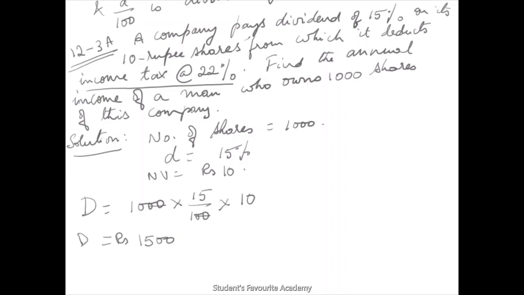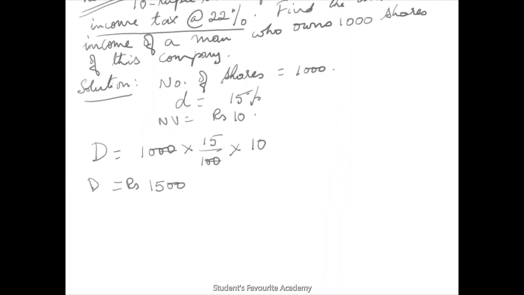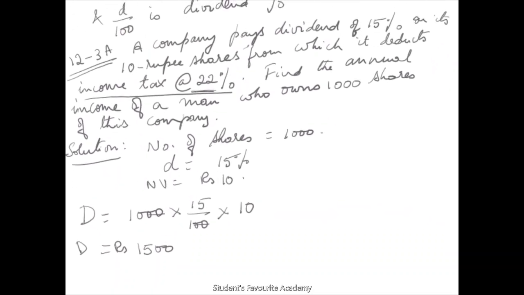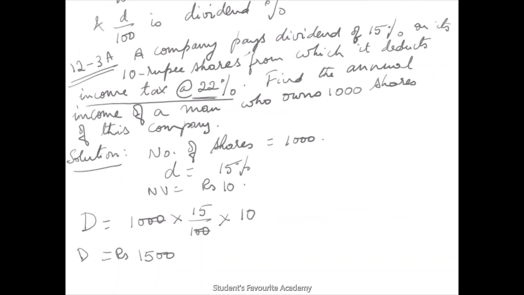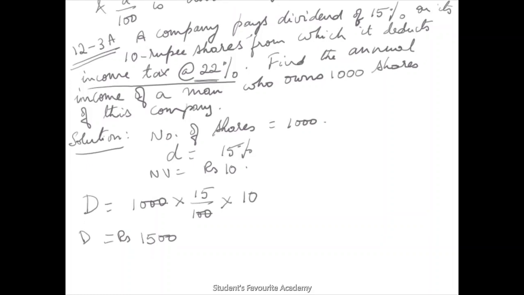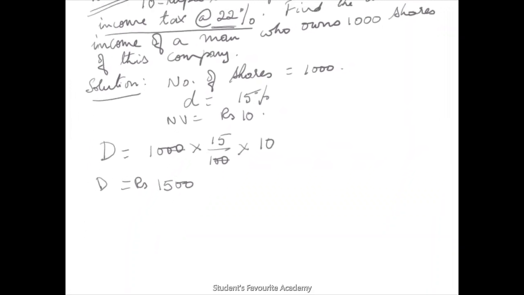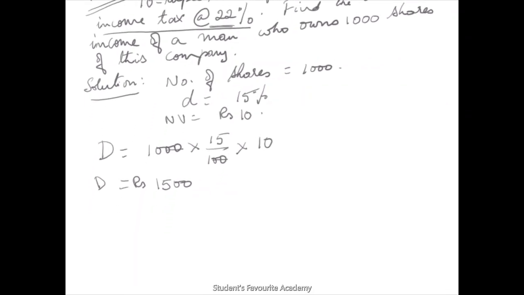This is the dividend earned. This is the income of the person. Now from this, how much income tax will be deducted? 22% of this income will be deducted. So after deduction, what will be the income? Find the annual income of the man. This is his earning, but his income tax will be deducted at the rate of 22%.